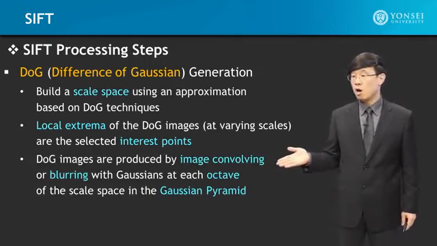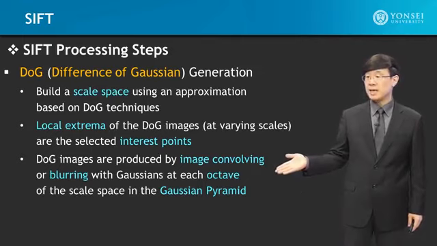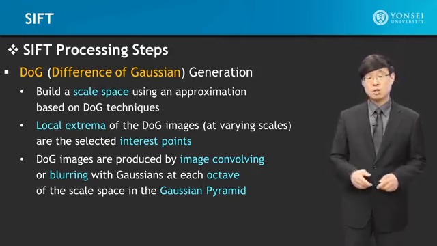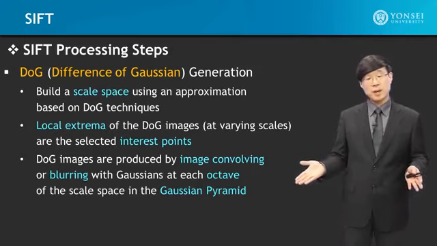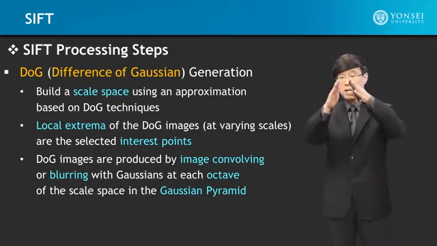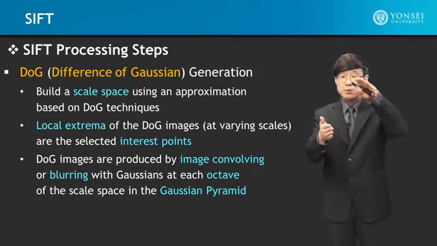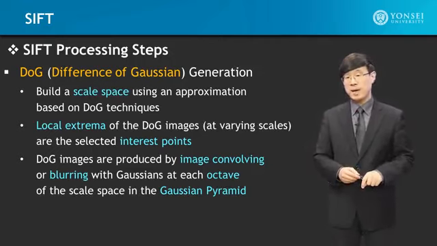DOG images are produced by image convolving or blurring with Gaussians at each octave of the scale space in the Gaussian pyramid. So we are going to use the scale space and Gaussian pyramid, in which we have abstract scale space coming down to the full scale space.